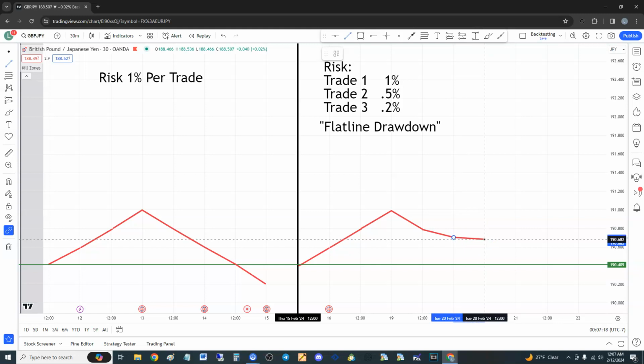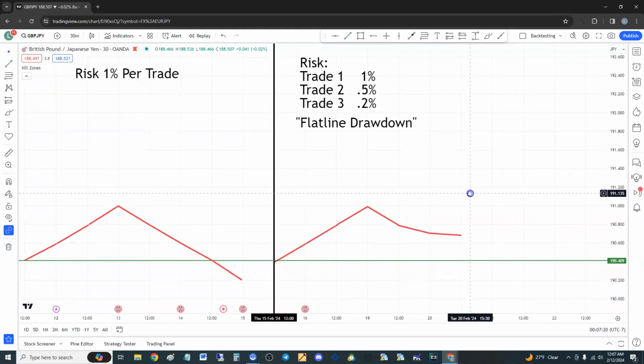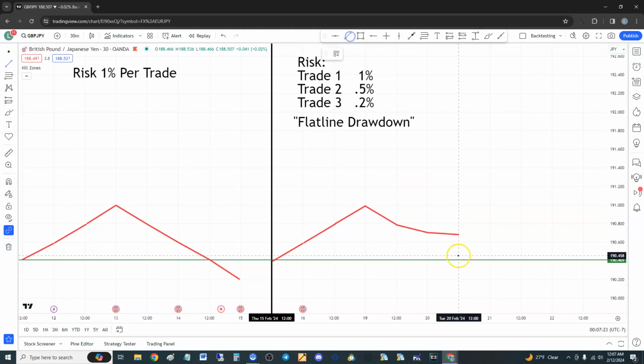Minimal, guys. You barely even see it on your equity curve. And then we're going to have 1 more losing trade. The fourth losing, basically, when you get to the point when you cut your risk half of a 0.5%, keep it there for the rest of the losing streak. And then the next one's going to look like this.